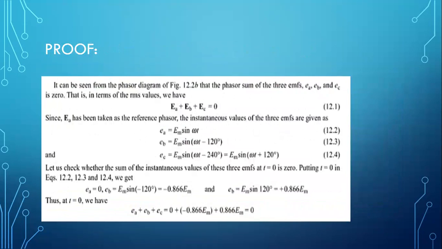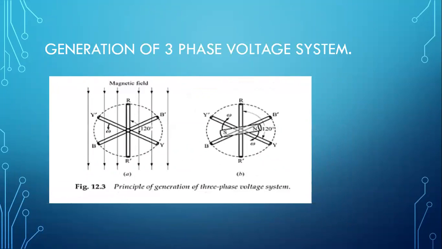Then we have identified that the resultant of all three voltages which are 120-degree apart, if we consider them as phase A, B, or C, and usually in general practice in electrical engineering we use R, Y, and B phase. Okay, so when we add them, finally we get the resultant as 0. Okay, so this is very important.